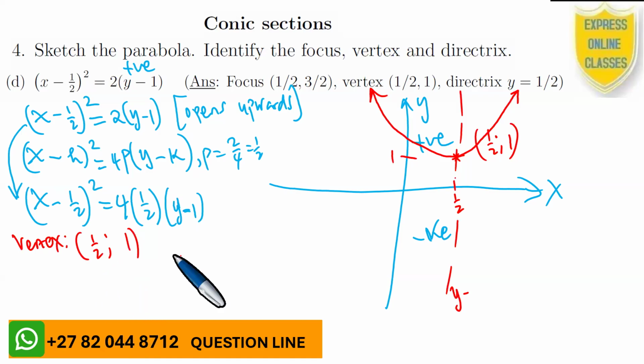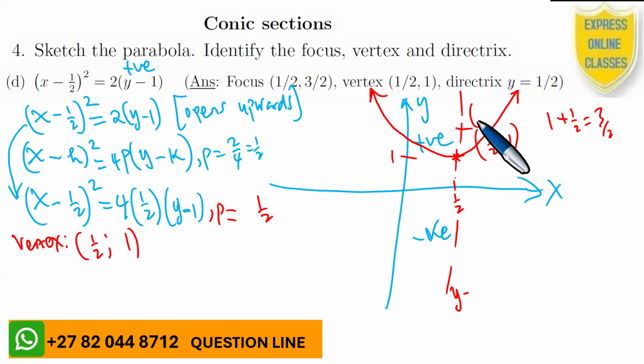But if we have that our P is 1/2, then you must add 1/2 to go to the top. So if it's 1, we add 1/2, which is 3/2. So 3/2 is going to become the focus, right?